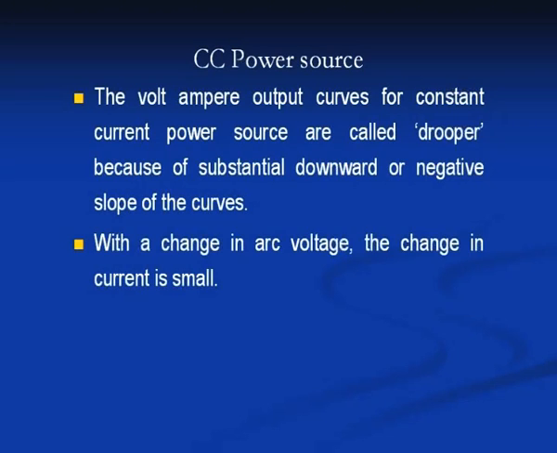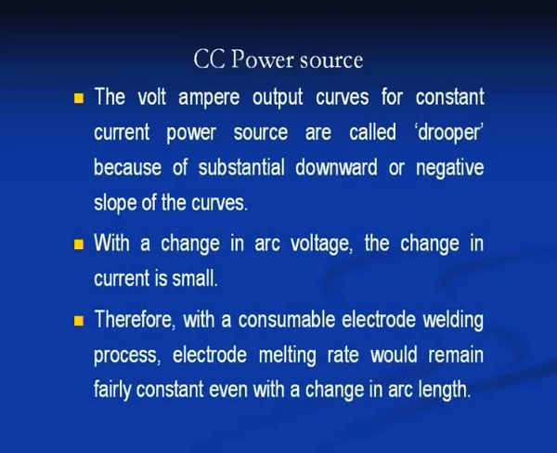With the change in arc voltage, the change in welding current is small with constant current power sources, and therefore, with consumable electrode welding processes, the electrode melting rate would remain fairly constant even with the change in arc length, which in turn helps to produce a sound weld joint.